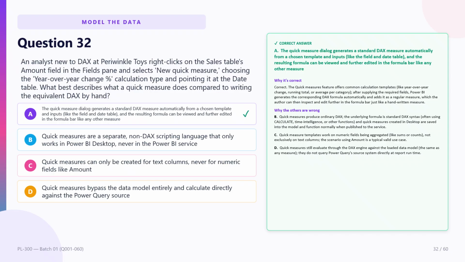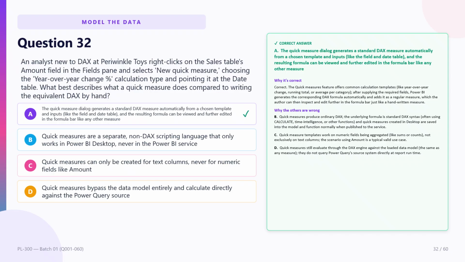B. Quick measures produce ordinary DAX. The underlying formula is standard DAX syntax, often using CALCULATE, time intelligence, or other functions, and quick measures created in Desktop are saved into the model and function normally when published to the service.